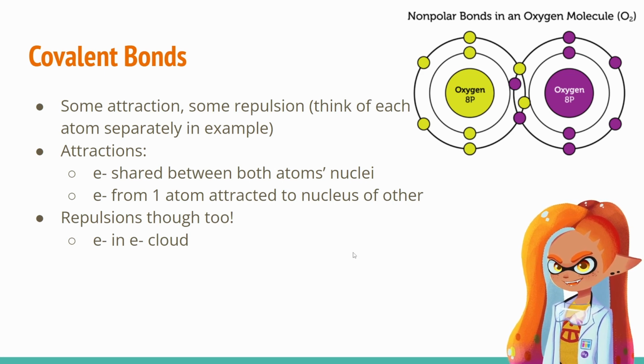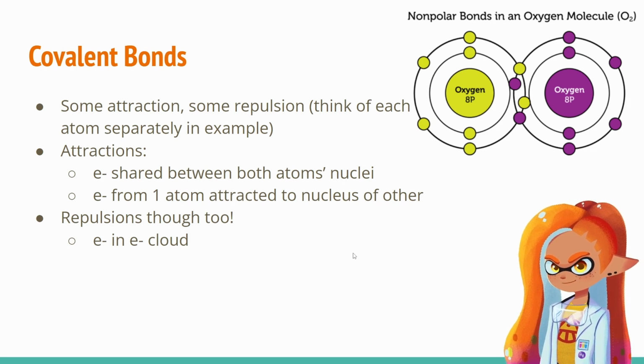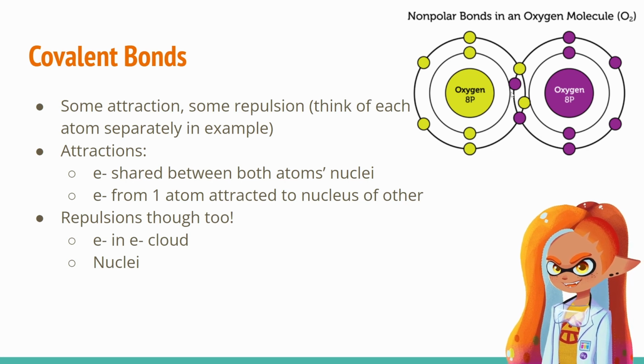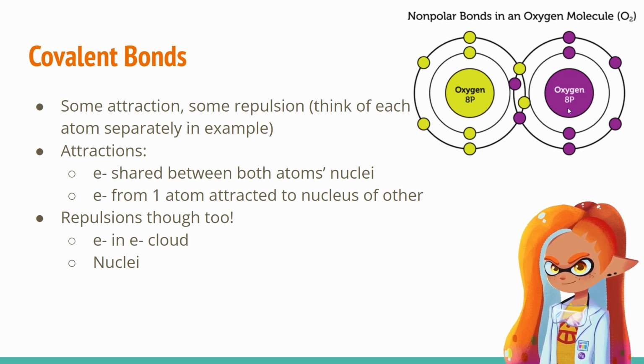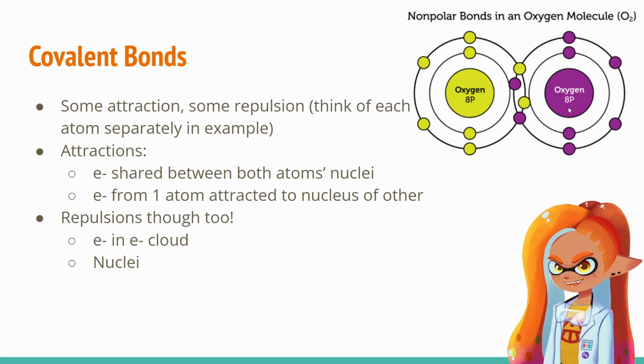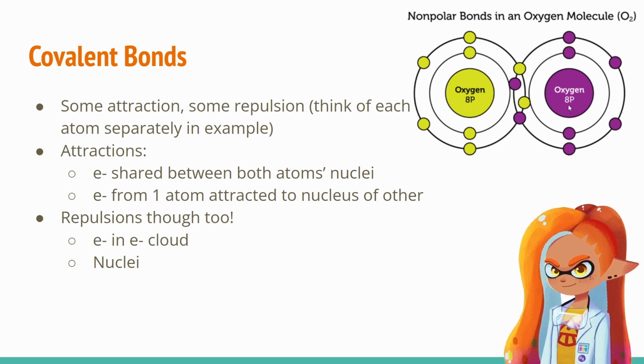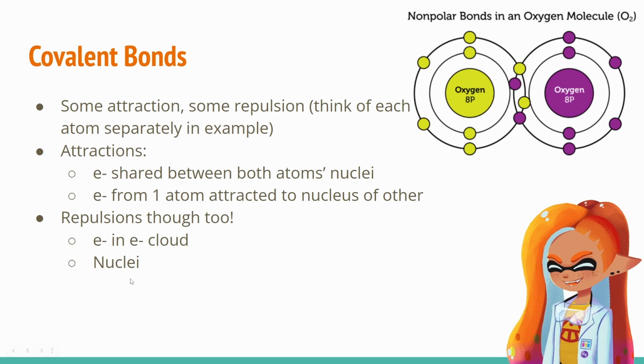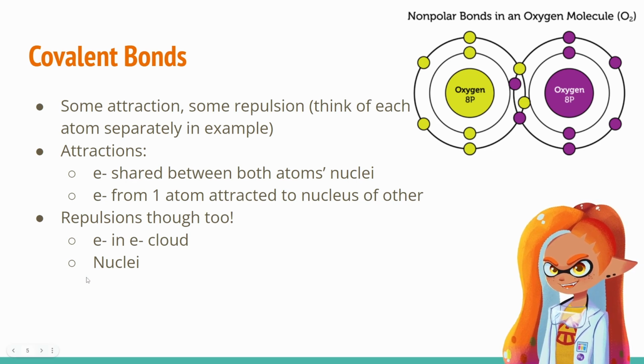Remember, electrons are negative. If they're near each other, they're not feeling it. And the nuclei of both atoms are also repulsive against each other. The yellow protons that are positive here are repulsed by the protons of the purple oxygen over here. So you need to remember that there are repulsions too.